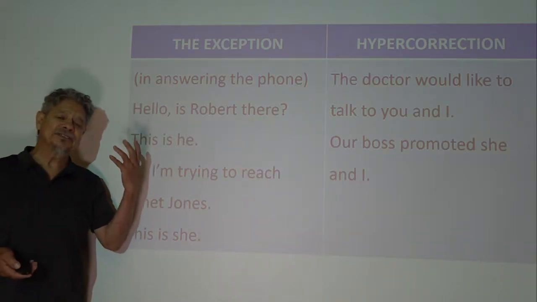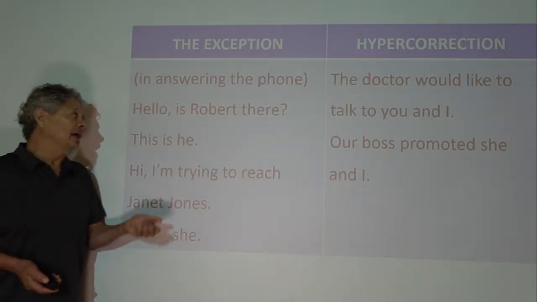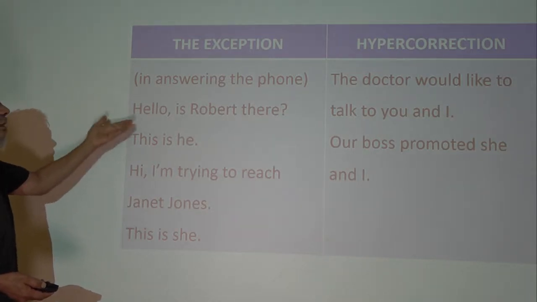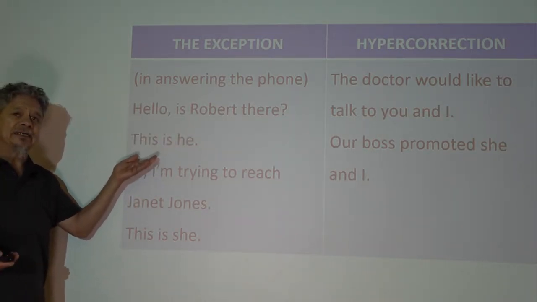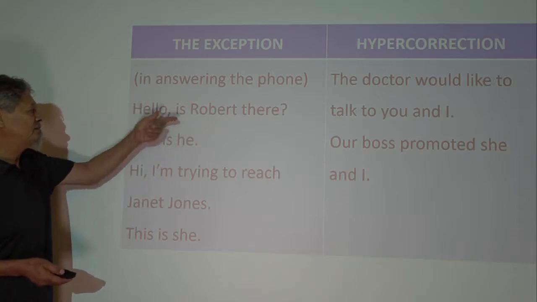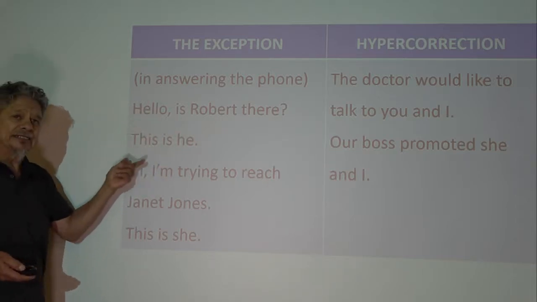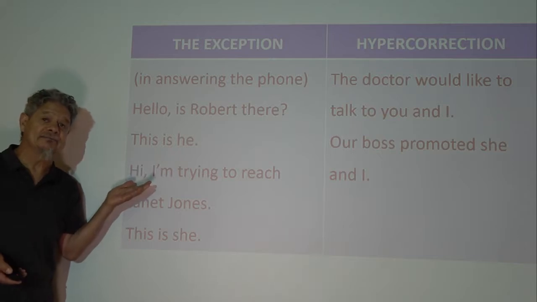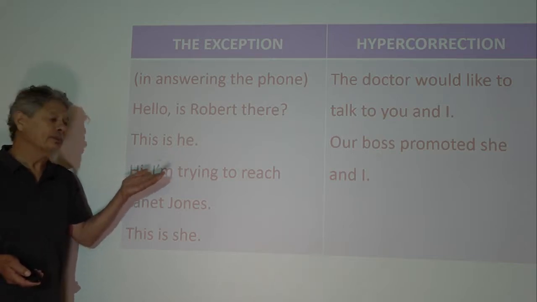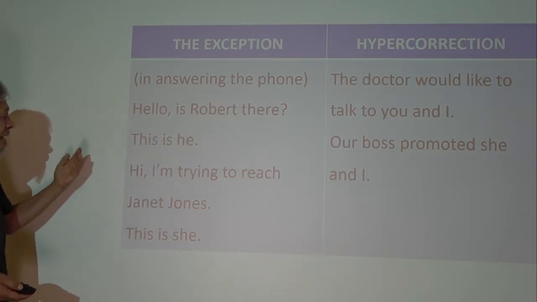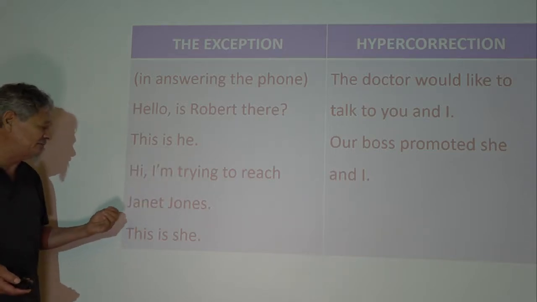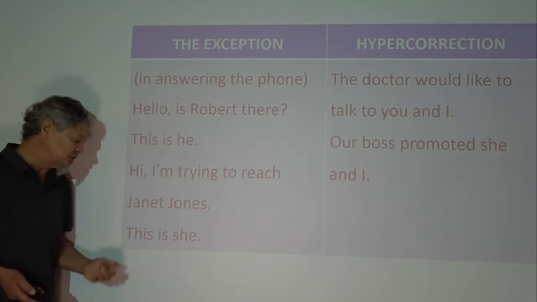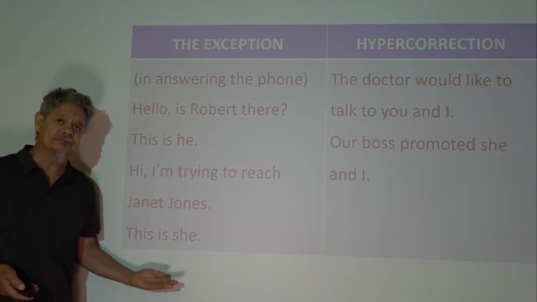When people answer their phone and someone says, for example, hello, is Robert there? It is polite, it is customary for the person answering to say, this is he. Or if it is a woman and someone says, hi, I'm trying to reach Janet Jones, and if it is Janet on the phone, she can say, this is she.